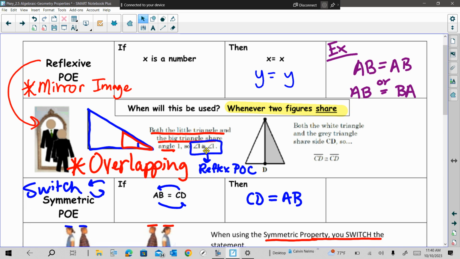So your angle 1 here in this diagram, right there, this is the shared angle. Anytime you have anything shared, you have to use the reflexive property. You have to state the part that is shared in the diagram, and your reason for stating it would be reflexive property.